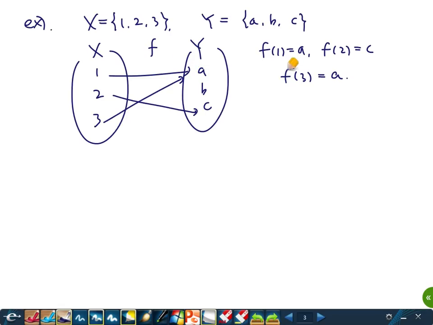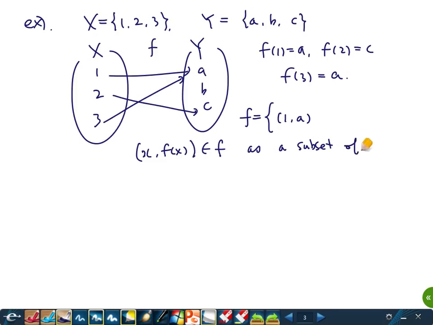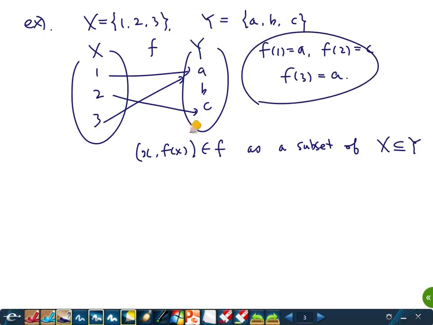So f is like that, but f is also, what I said earlier, a subset of x times y. So that means 1 comma a. In other words, x comma f of x will be f as a subset. Then because of this, f can be considered as a set of pairs like 1 comma a, 2 comma c, and 3 comma b.